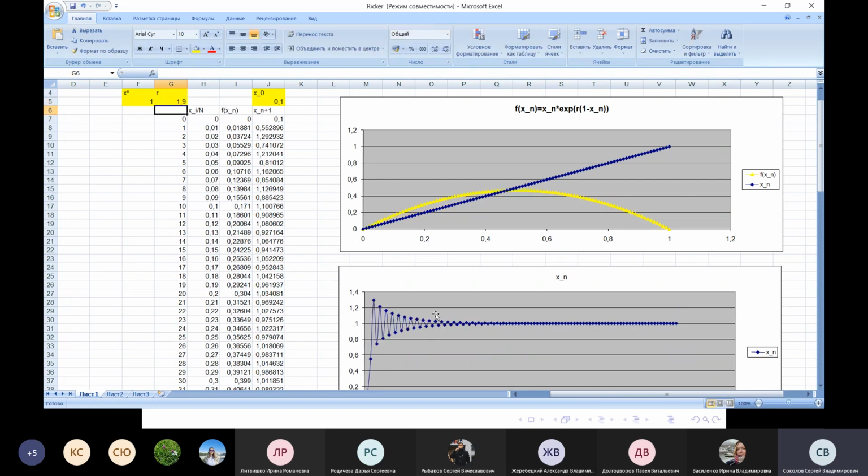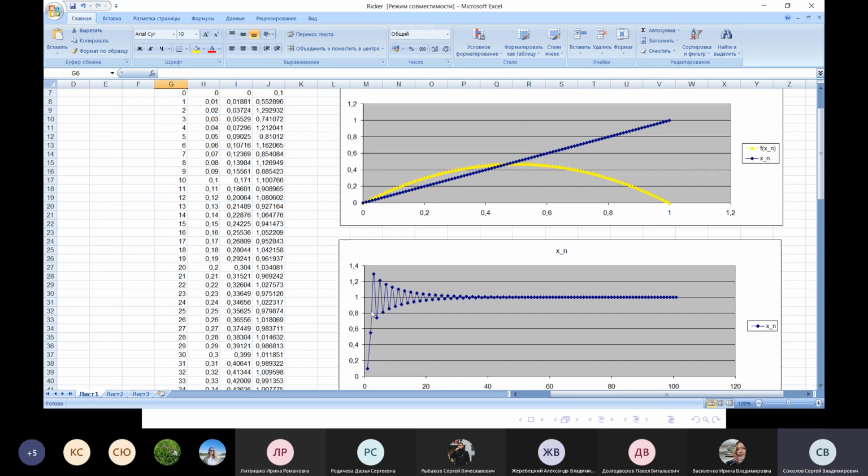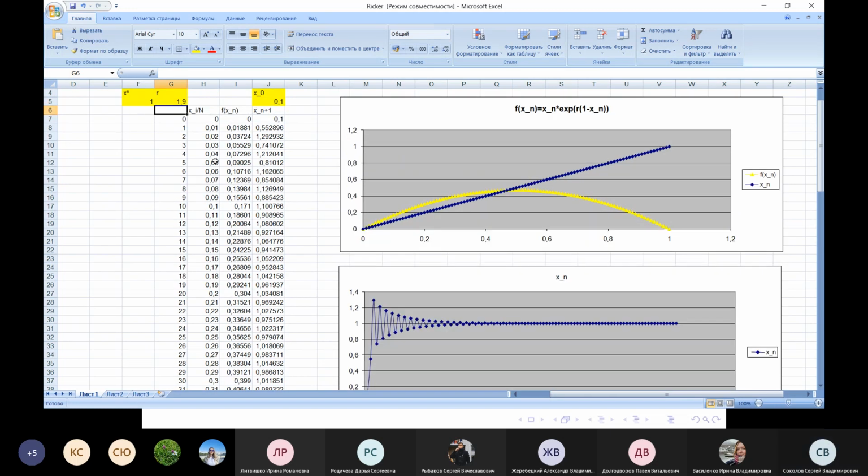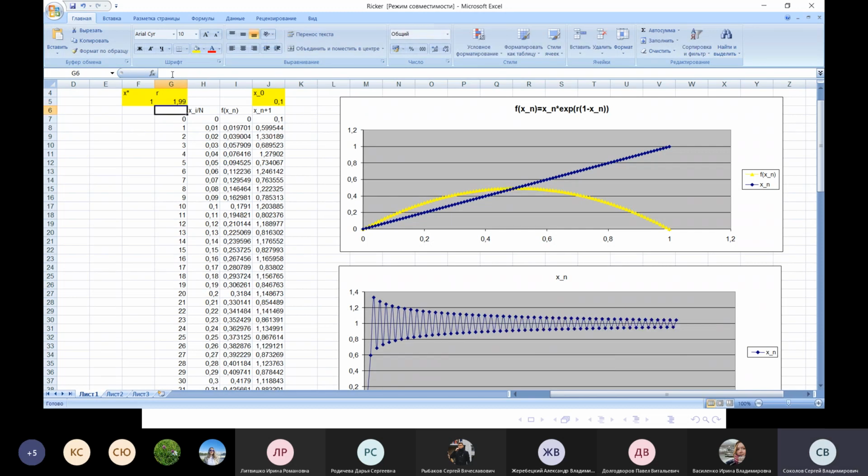But what will happen if we increase R furthermore? We see that there are strong but decreasing oscillations. The bigger is R, the bigger are the oscillations. And finally, when R is close to 2, the amplitude of oscillations is still decreasing, but the solutions oscillate.